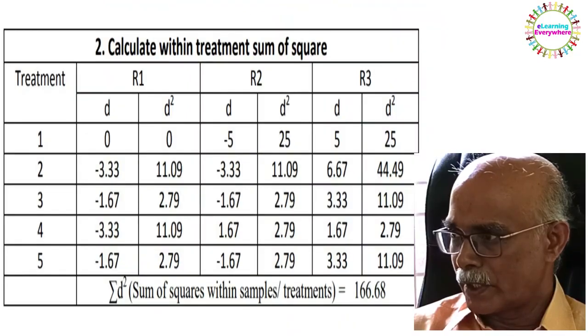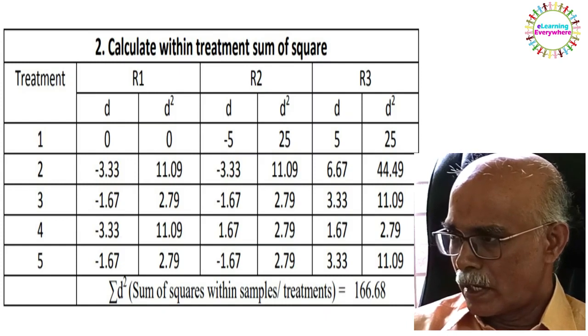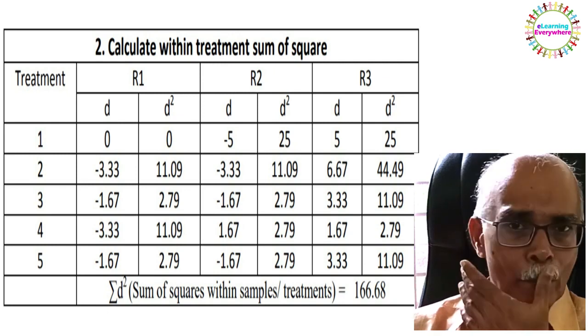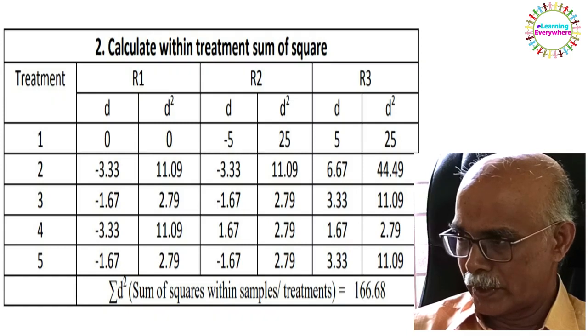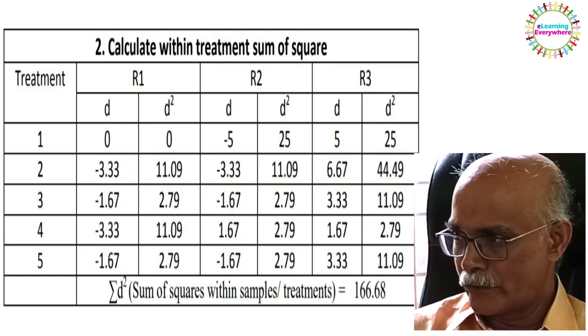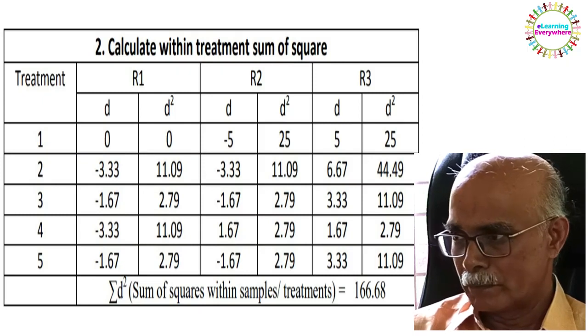sum of square. So there are 5 treatments, and for each treatment there are 3 replications. So for each value of the replication, for R1, R2 and R3, in the case of each treatment, you have to find out the corresponding D value.